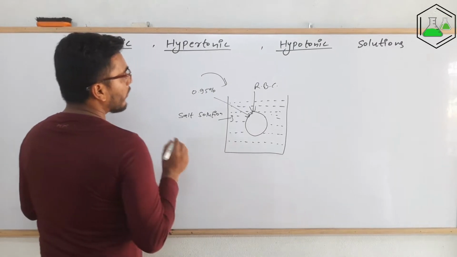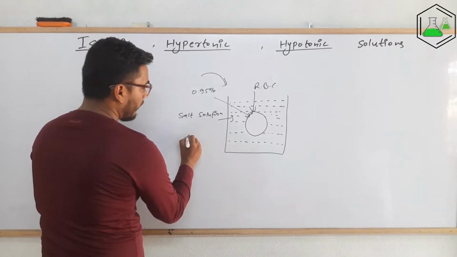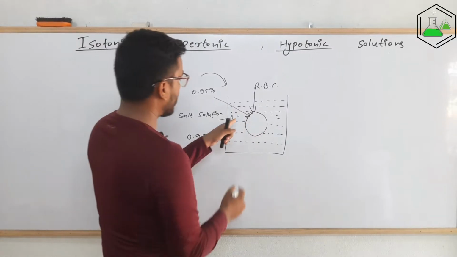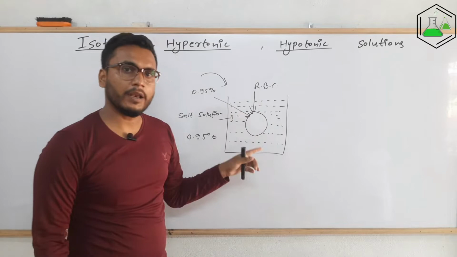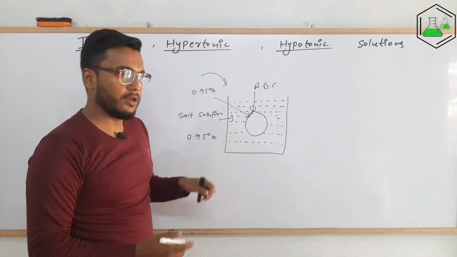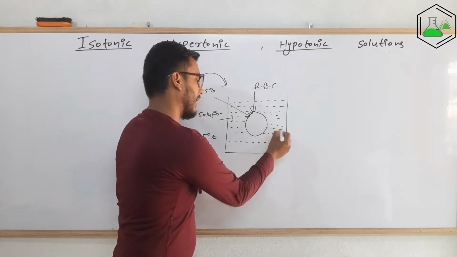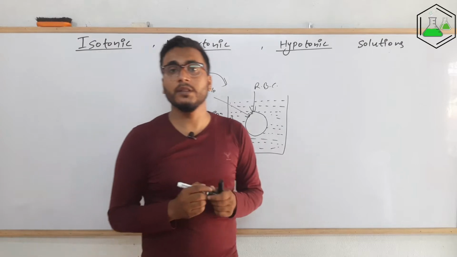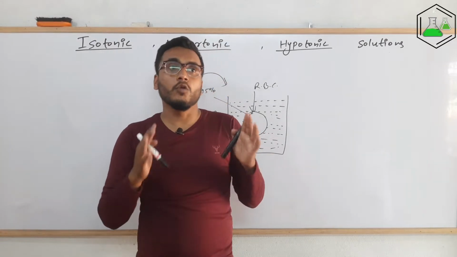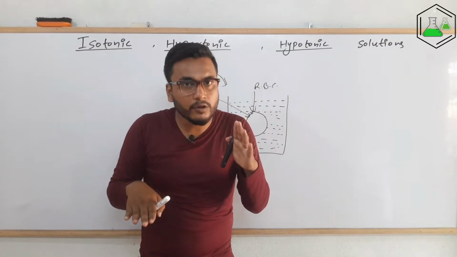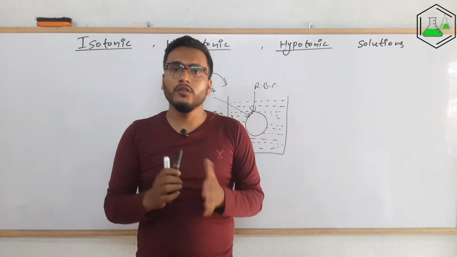Let us consider we are taking a salt solution of 0.95%. Suppose there is 0.95% salt over here and the rest of the material is water in this solution. Then what will happen? Will there be any osmosis? Osmosis is the phenomenon in which solvent molecules travel through a semi-permeable membrane from the low concentrated solution to the high concentrated solution.